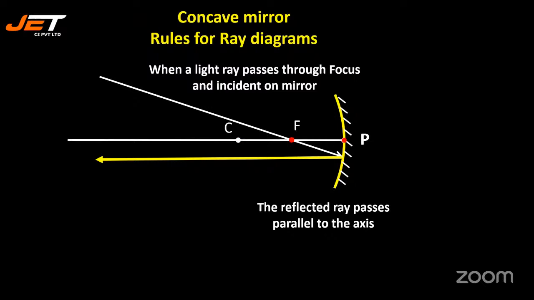All right. So first was a ray parallel to principal axis. After reflection, passes through principal focus. A ray through principal focus, after reflection, will pass parallel to the principal axis.